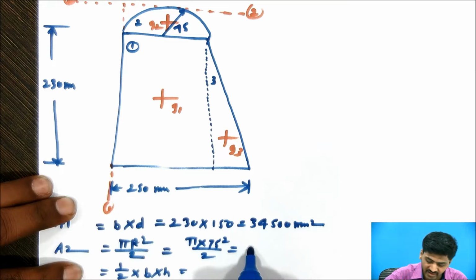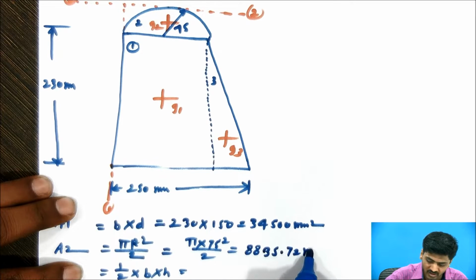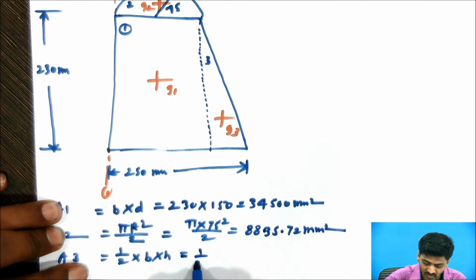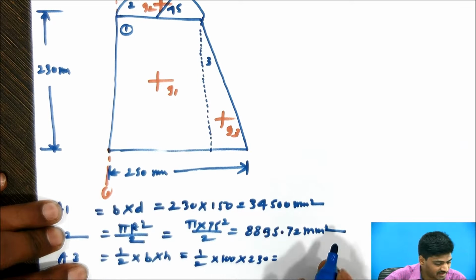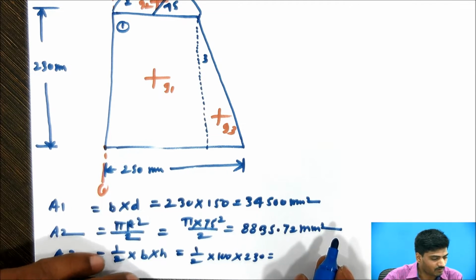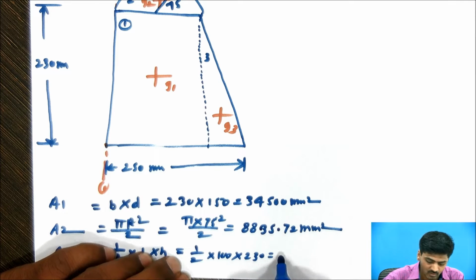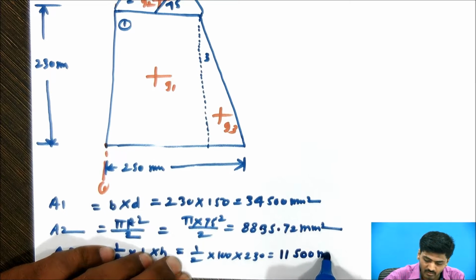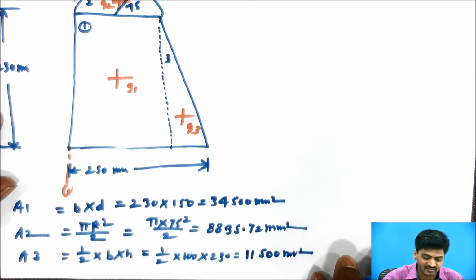So you will get 8835.72 mm square. 1/2 base is 100, height is 230. So we will get the area of third figure, that is triangle, 11500 mm square.